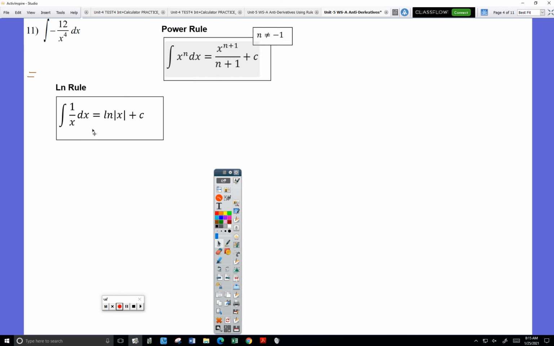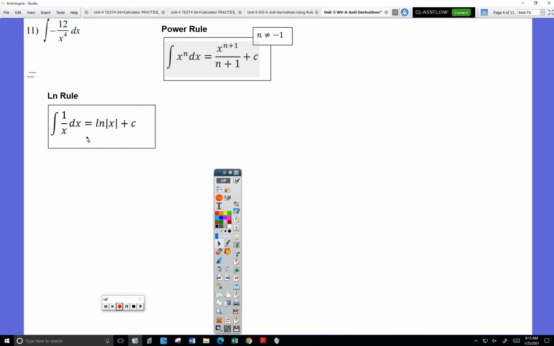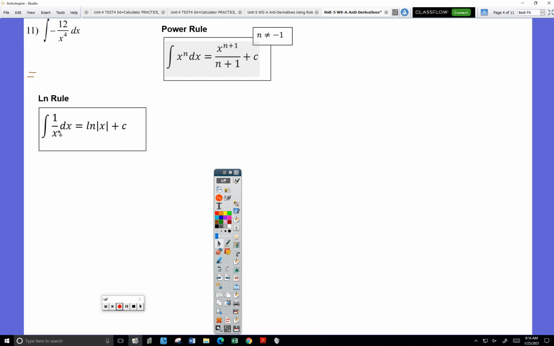The natural log rule doesn't fit because the rule only allows for 1 over x. The rule does not allow for 1 over x squared or x to the 4th. So don't be fooled into thinking that the ln rule works. It doesn't work. Question, please.